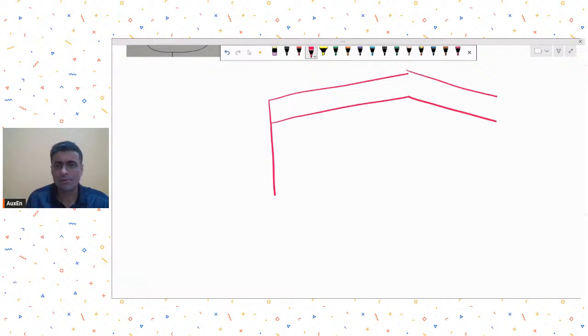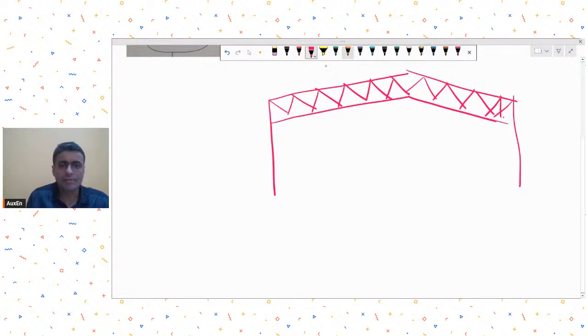I hope you are able to see the image that I'm trying to draw. One of the options can be like this, where let's say this is my truss. You have your column over here, and this is the way in which you are connecting.